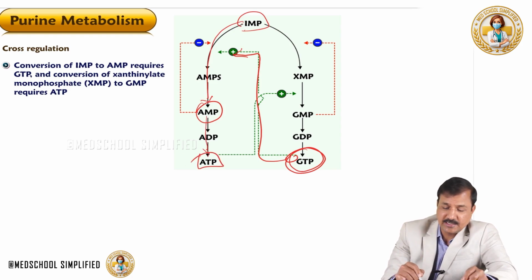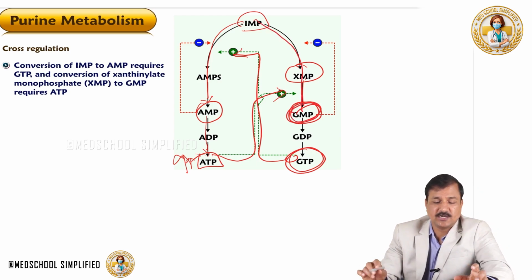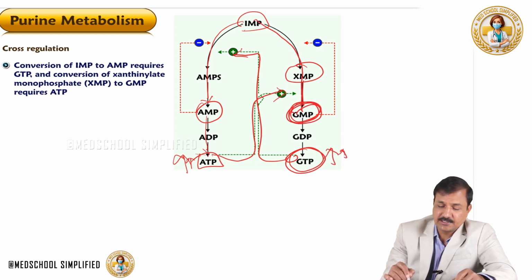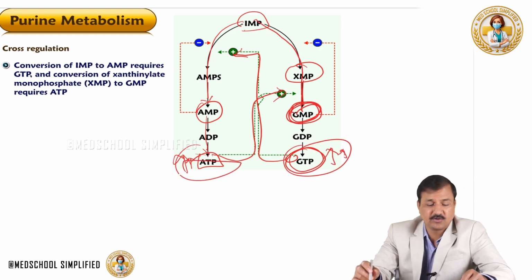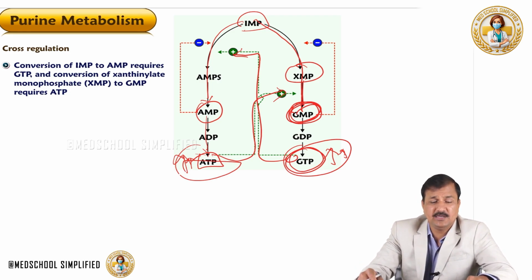Whenever there is higher ATP and lower GTP, higher ATP will have a positive effect on conversion of xanthosine monophosphate into guanosine monophosphate, basically taking IMP into GMP. So this kind of cross regulation makes sure that both ATP and GTP are synthesized in equal concentration so that DNA and RNA synthesis can be done.